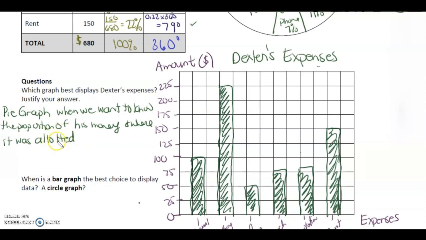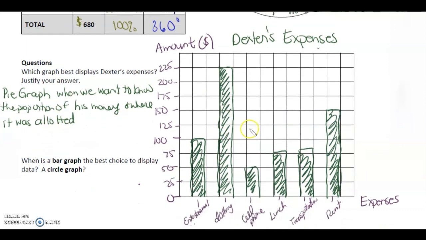Okay, but if we want to compare how much more money he spends in one area than another, then it's bar graph. So bar graph, I'll do this in another color so it really pops. Okay, bar graph.